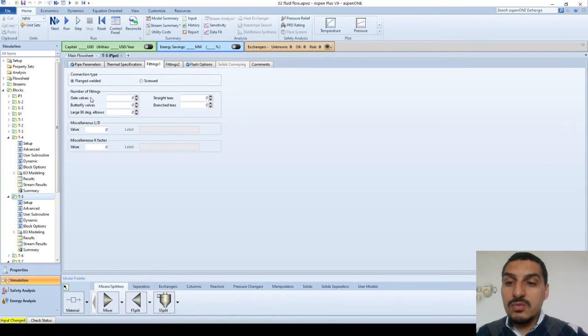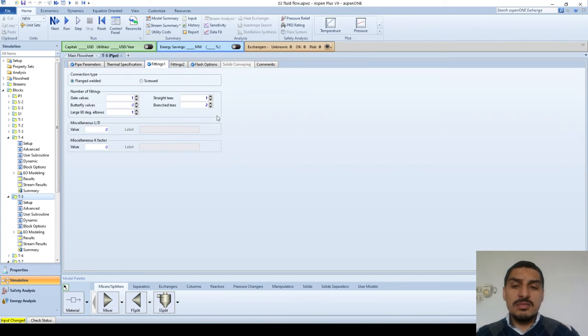We have here what we call the gate valve or the butterfly valve. You have different types of valves, and in the elbows, you have the T's and the branched T's, and you can put here the number of parts that you want. So let's say I have one gate valve, one 90 degrees elbow, one straight T, whatever the number. You can have two branched T's. It doesn't matter.